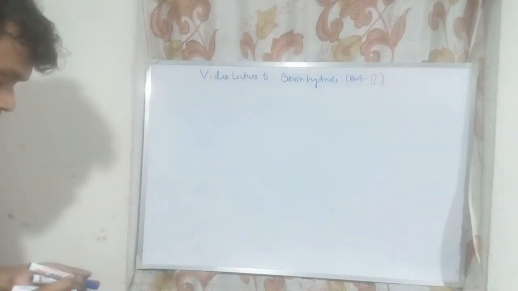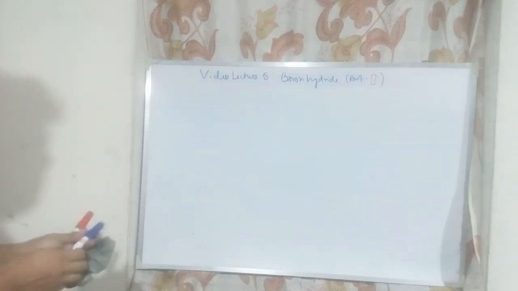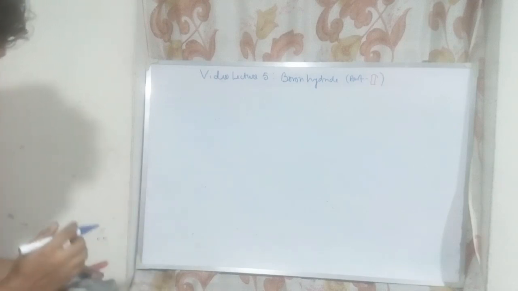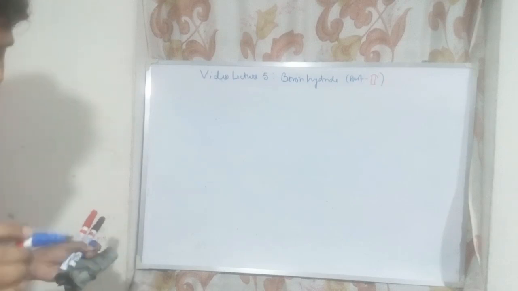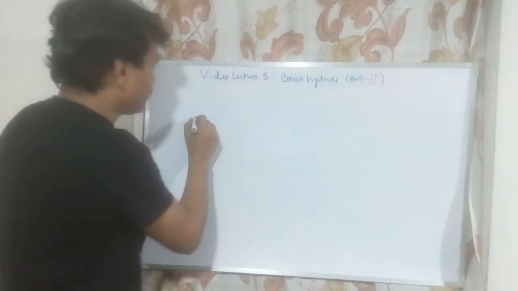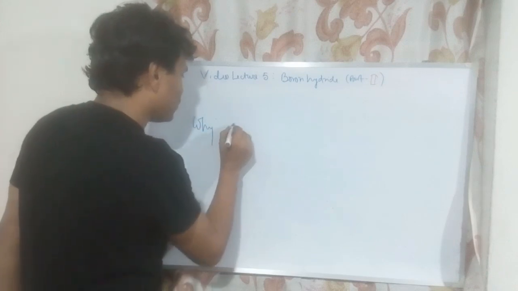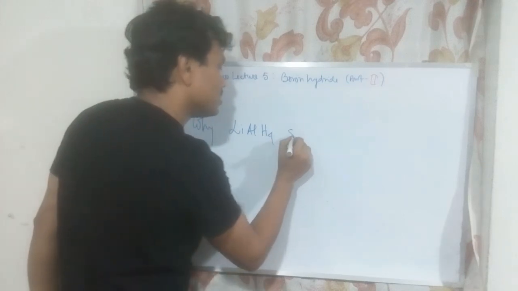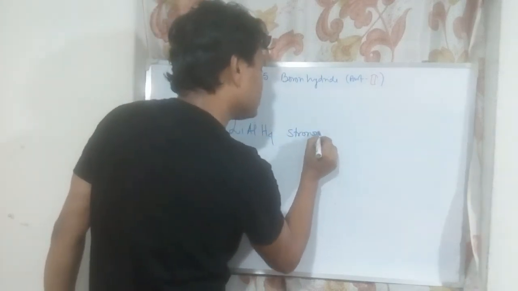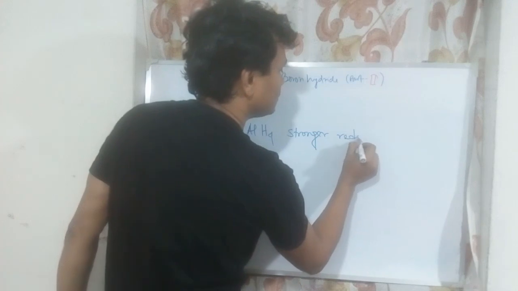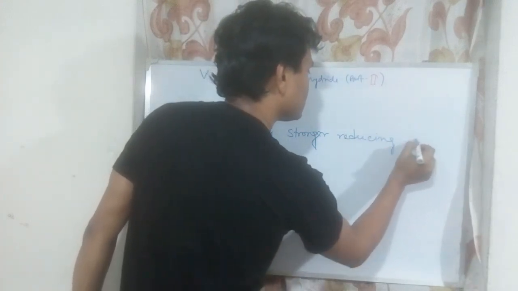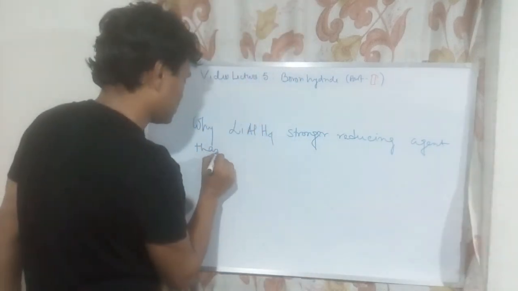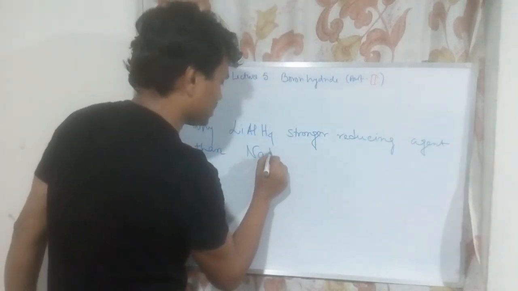Before finishing, I want to give you a question which I shall explain in a later video. But before that, I expect that you should try by yourself. The question is, why is lithium aluminium hydride a stronger reducing agent than sodium borohydride?